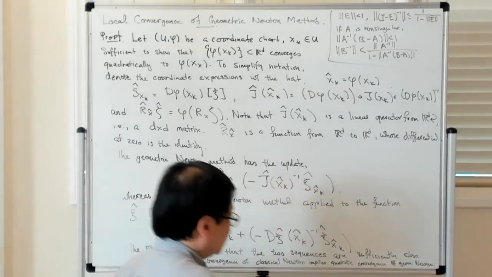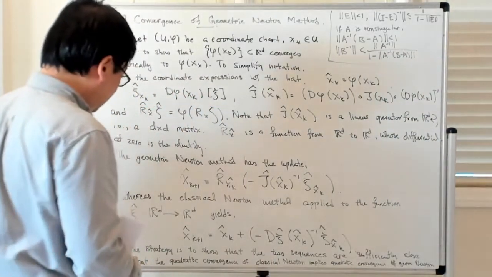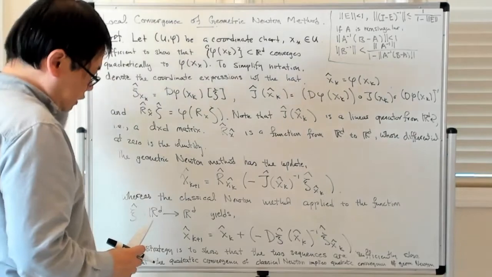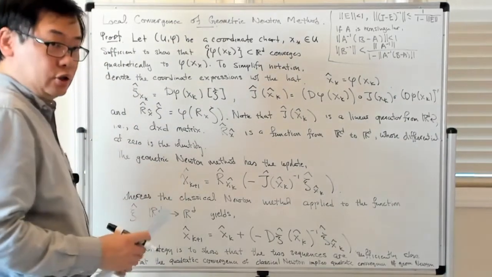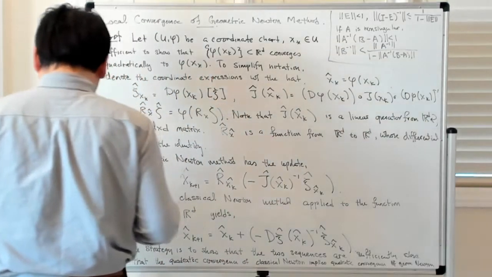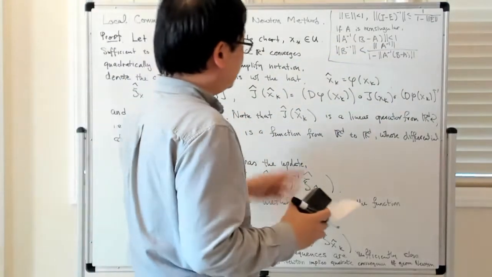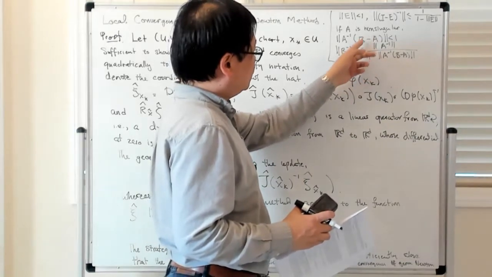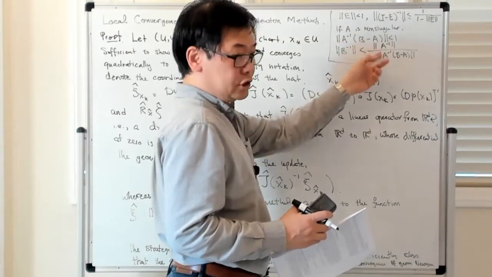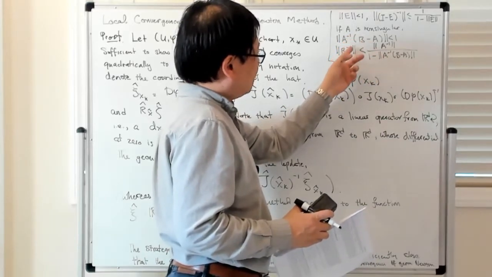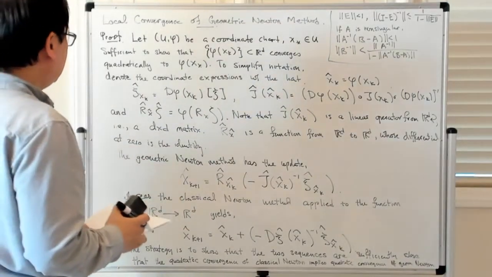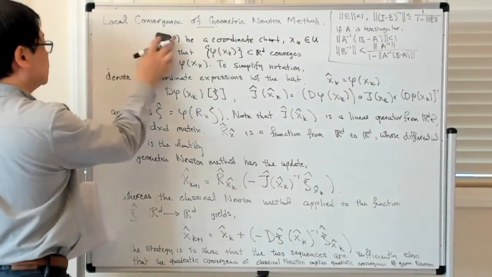That's basically the proof strategy: we're going to compare the differences between these two sequences. And as you might expect, we're going to take advantage of this lemma, which relates the inverses of two different operators.